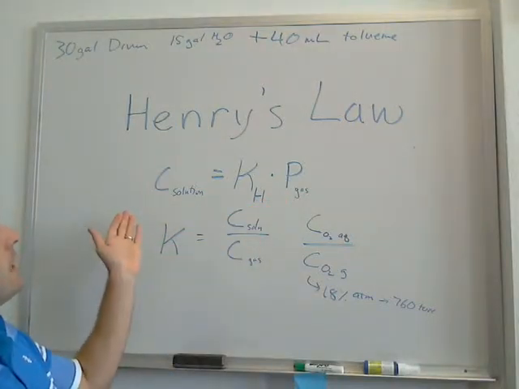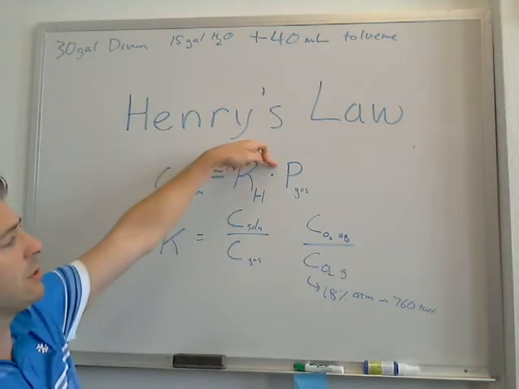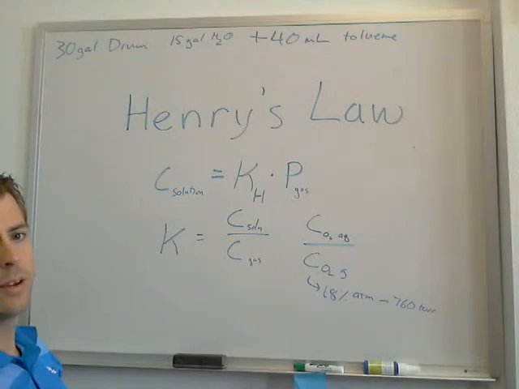So of course, if we ask that question, we have two unknowns. We have the unknown concentration and the unknown pressure, and I'll show you how we get around that issue in just a second.